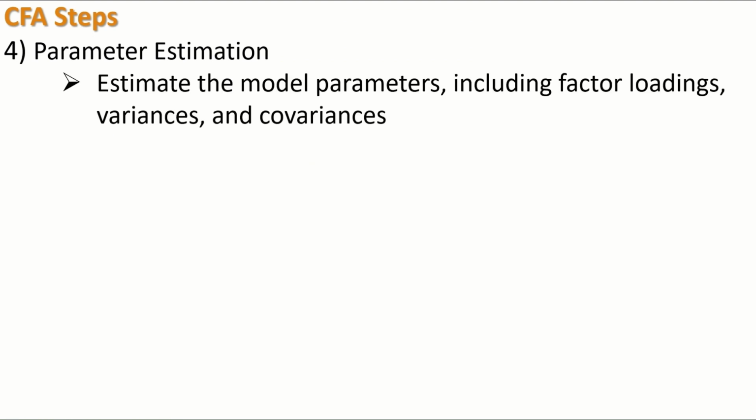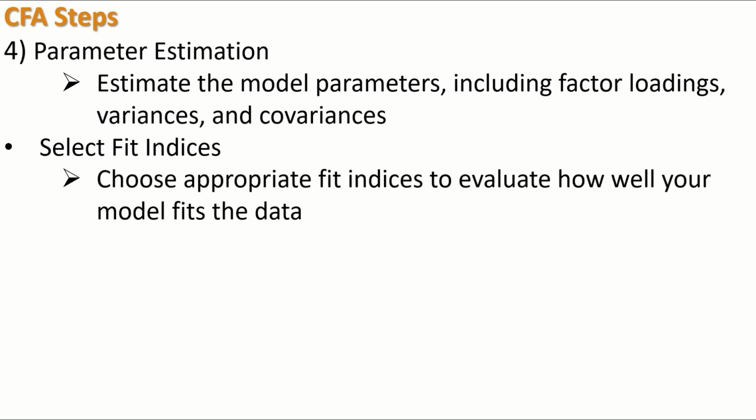The next step is to estimate the parameters. Parameter estimation is to estimate the model parameters including factor loadings, variances, and covariances, and to choose the appropriate fit indices to evaluate how well the model fits the data.